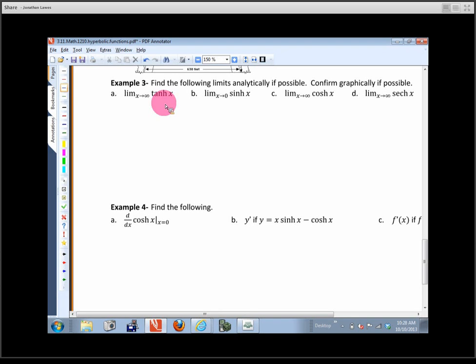Limits always come back to haunt you if you don't get them figured out. So this would be the limit as x approaches infinity of (e^x - e^(-x)) / (e^x + e^(-x)).